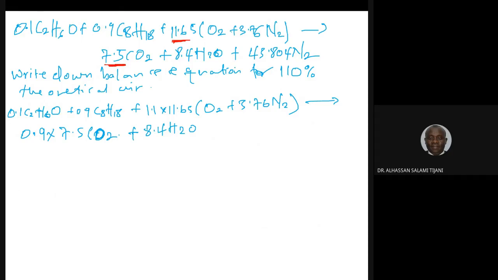Okay, so we will have 0.1 of carbon monoxide plus 0.1. Then we have to know that the amount of carbon dioxide that is given over here in the original case will be the same.